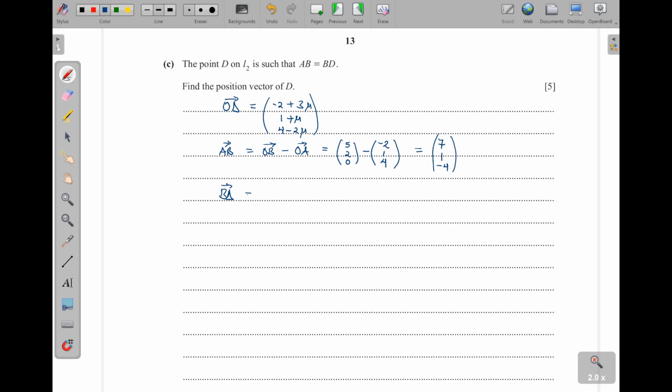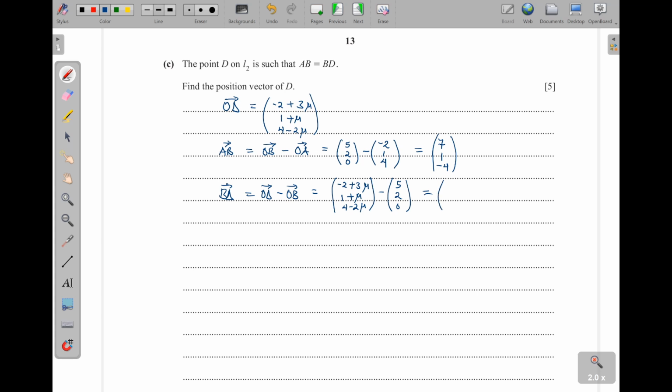So what is BD? We shall get OD, then we subtract OB. So OD is this -2 plus 3 mu, and then 1 plus mu, then 4 minus 2 mu. Then we subtract OB, which is 5, 2, 0.